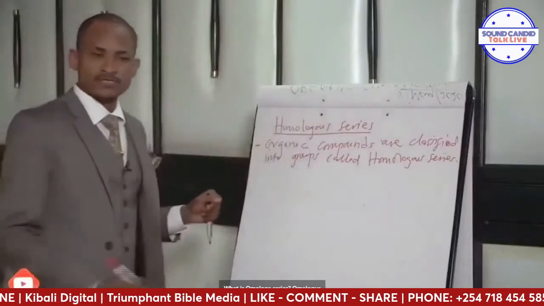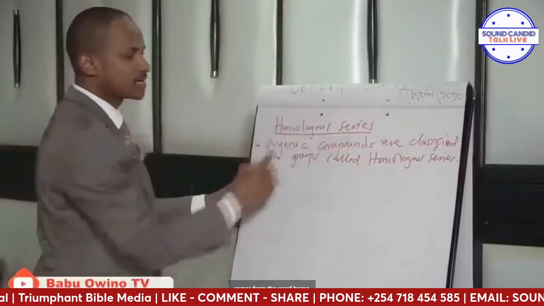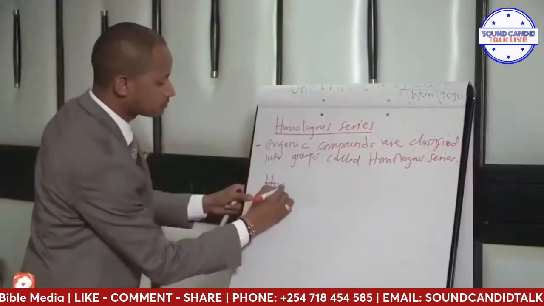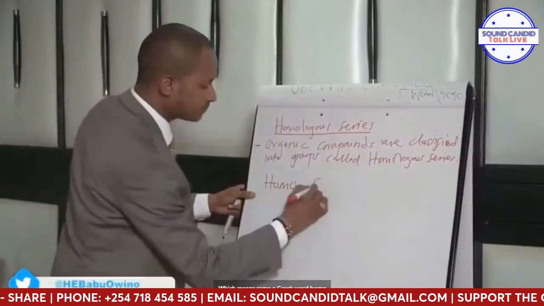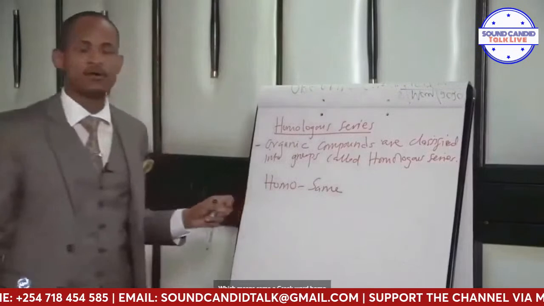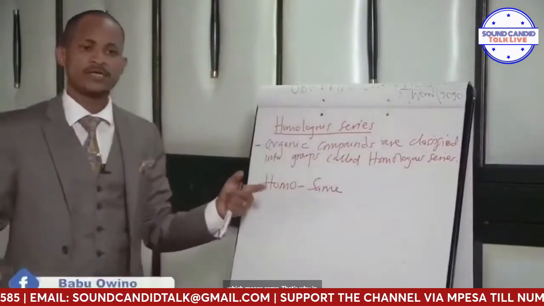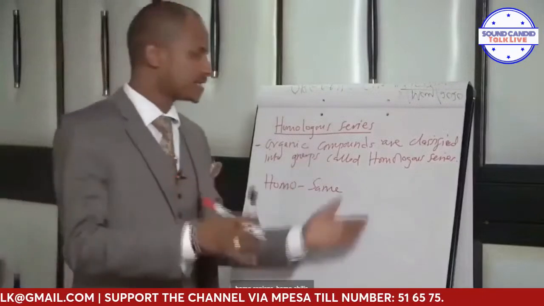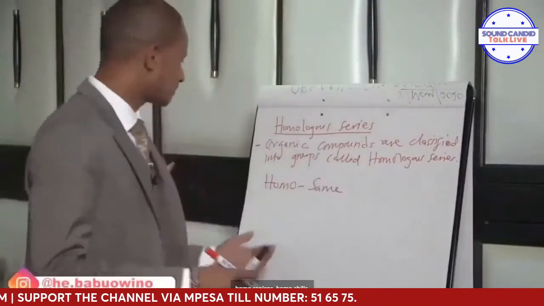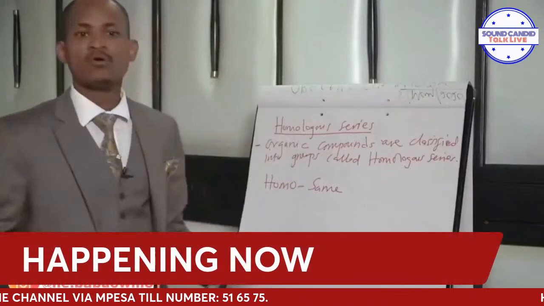What is a homologous series? Homologous comes from the Greek word homo, which means same. That's why in history you could say Homo erectus, Homo sapiens, Homo habilis.